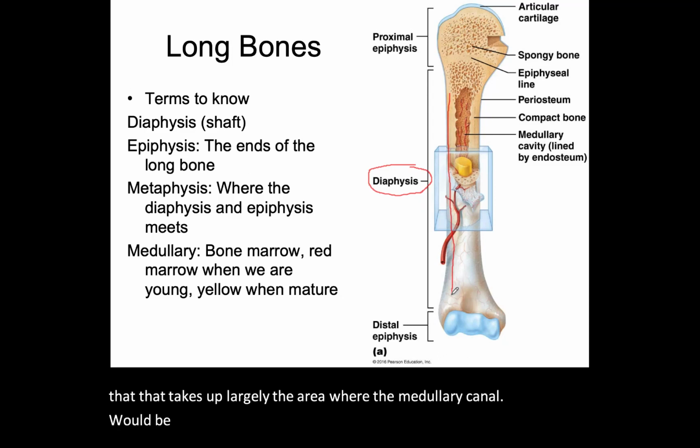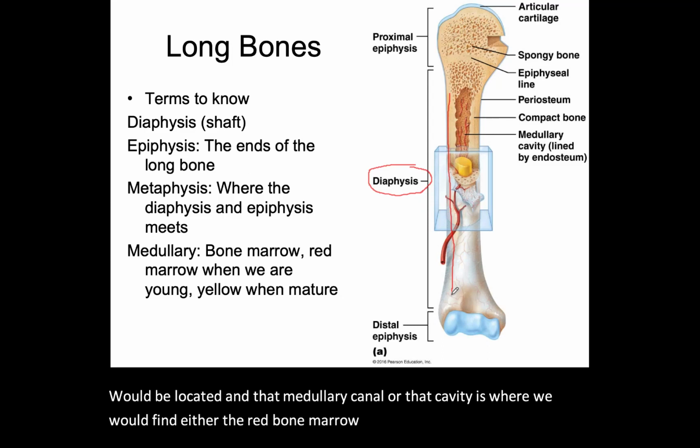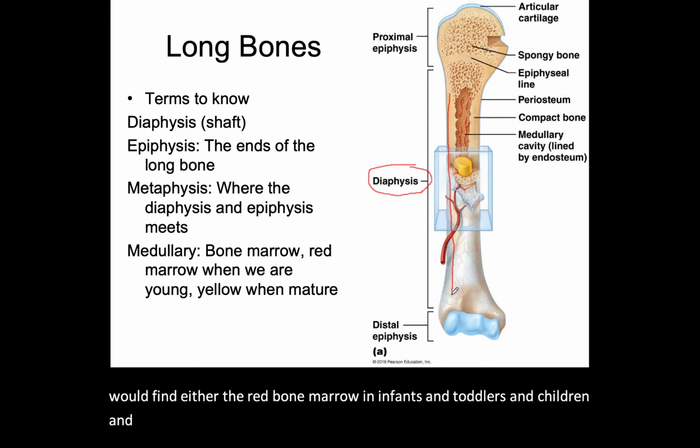And that medullary canal, or that cavity, is where we would find either the red bone marrow in infants, toddlers, children and adolescents, or it's where we would find the yellow bone marrow in adults.